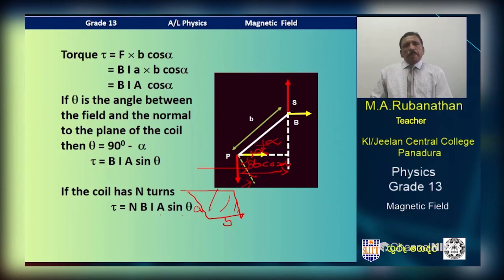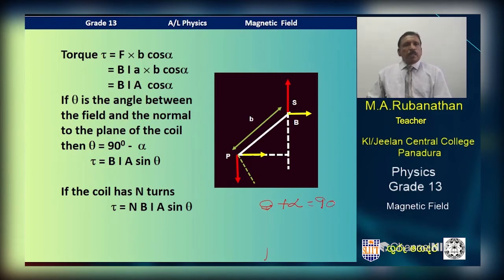So theta plus alpha is equal to 90. Let us see that this is the normal, and this is the field.